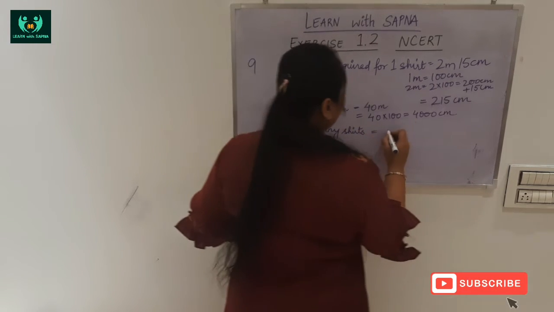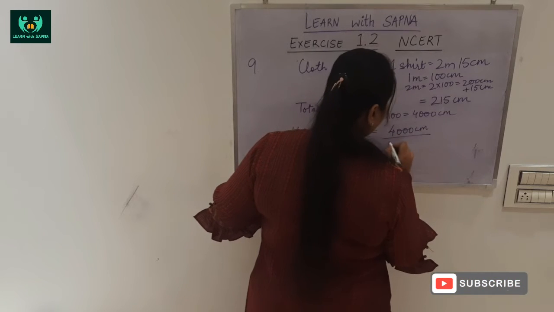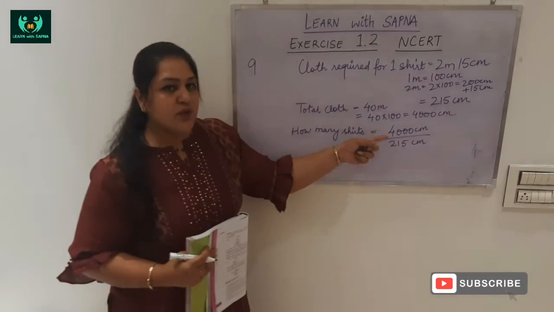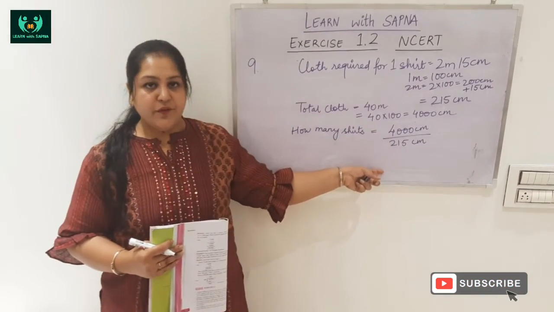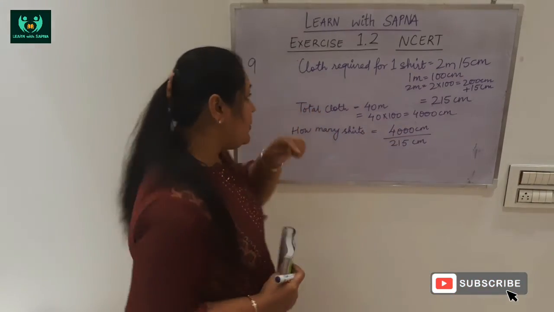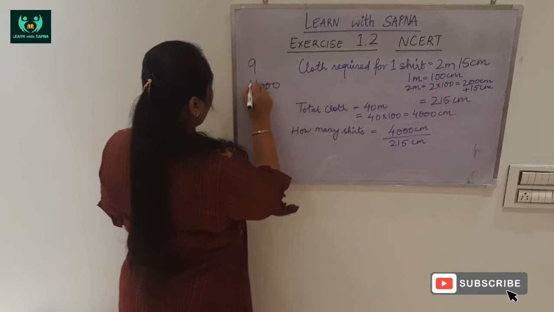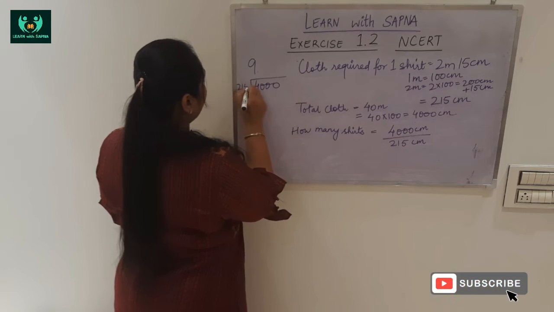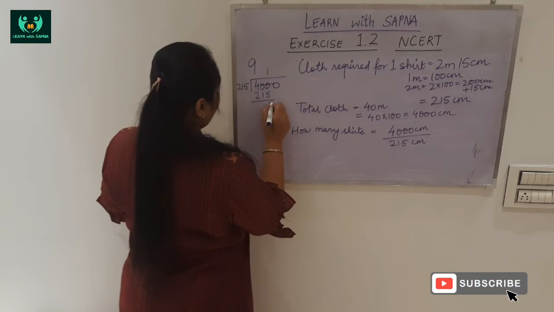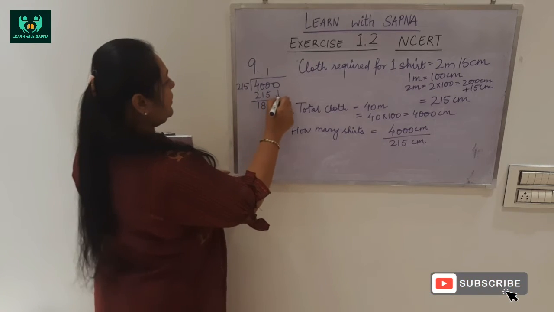Shirts made will be total 4000 centimeter cloth divided by 215. Total we have 4000, how much does each shirt take? 215. So how many shirts will be made? 4000 divided by 215. Let's do the division. 4000 divided by 215. 215 will go 1, 5 8 1 1850. 0 will come down here.